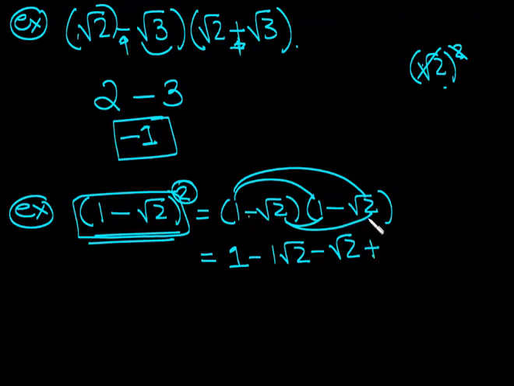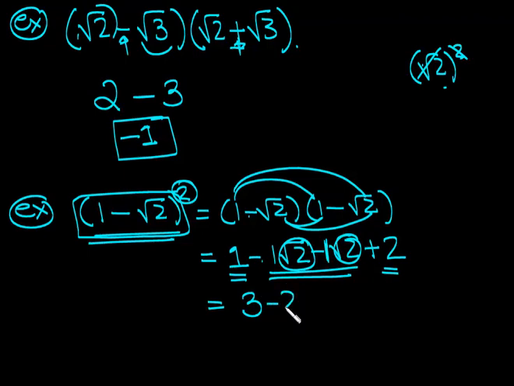And square root of 2 times square root of 2, if they're identical, you just get 2. Because square root of 2 times square root of 2 is square root of 4, and square root of 4 is just 2. So now I can add these two numbers. So I get 3. And I can collect these two because they're the same radicals. I can just add the numbers in the front. There's a 1 here in the front, so -1 plus -1 is -2 square root of 2.